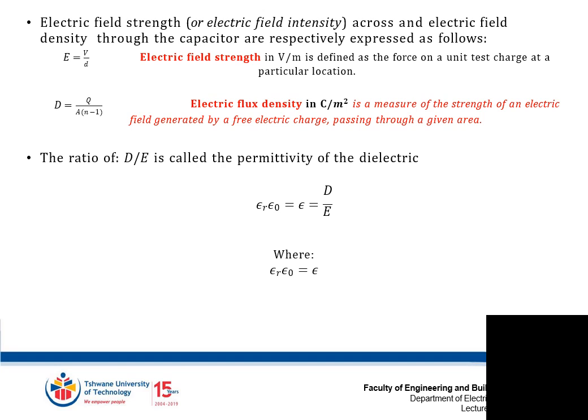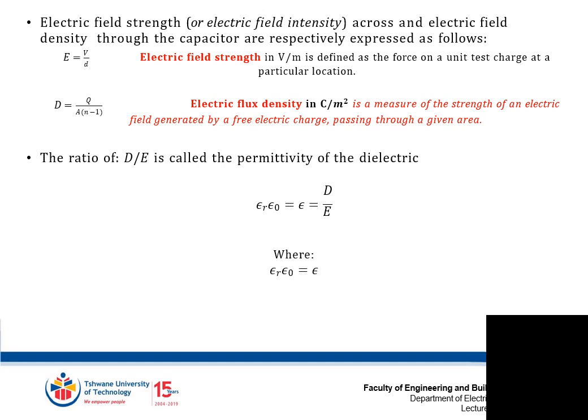It's defined as the force on a unit test charge at a particular location. And then D equals Q over A, which is the electric flux density in coulombs per meter squared. It's a measure of the strength of an electric field generated by a free electric charge passing through a given area. The ratio of D over E is called the permittivity of the dielectric.